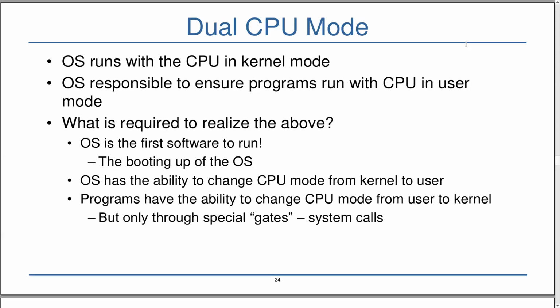But unlike the first case, where we can switch from kernel mode to any user program we want, with no restriction, switching from user mode to kernel mode has to be carefully controlled. We cannot just allow a program to jump to some arbitrary kernel code.